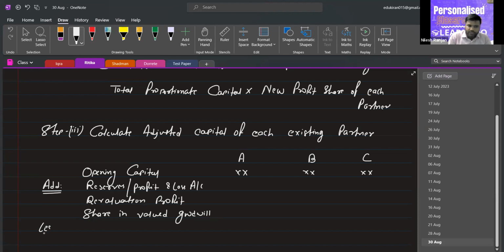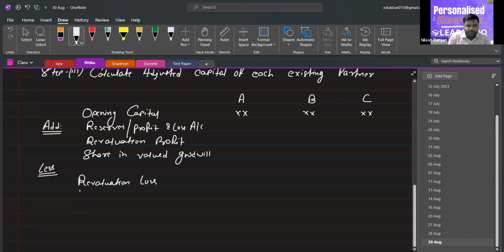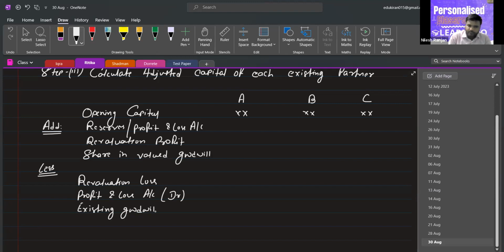After that, you need to deduct some items, like if there is a revaluation loss, if there is a debit balance of profit and loss account, and if there is existing goodwill, then we have to write it off.